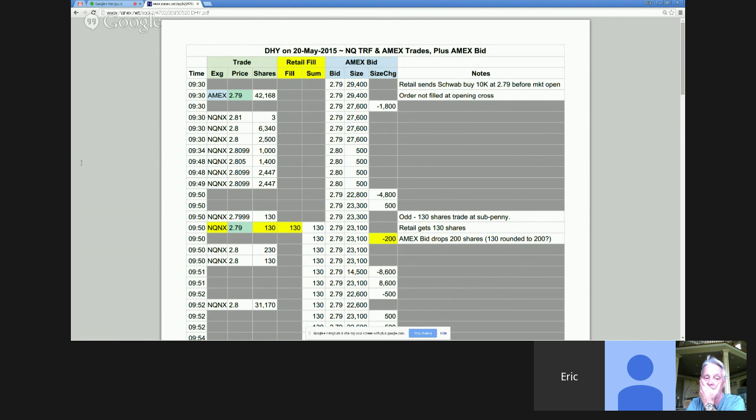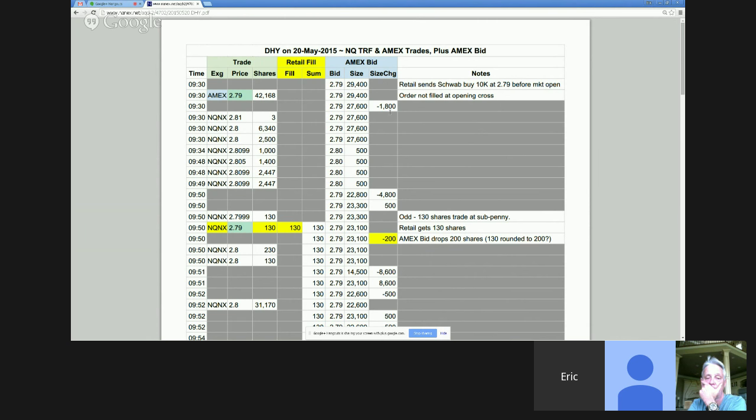Zero fills. Right. So I've tried to remove anything extraneous that doesn't really add to the discussion on this spreadsheet. If I put all the data in, it would be pages and pages and pages. Got it. So I'm only going to show the bid and bid size from Amex.